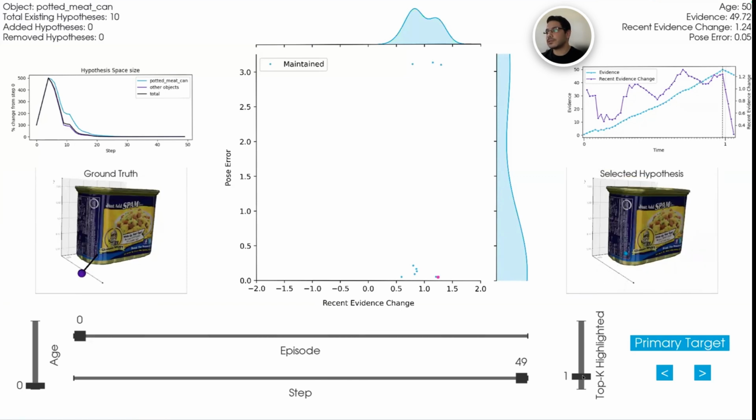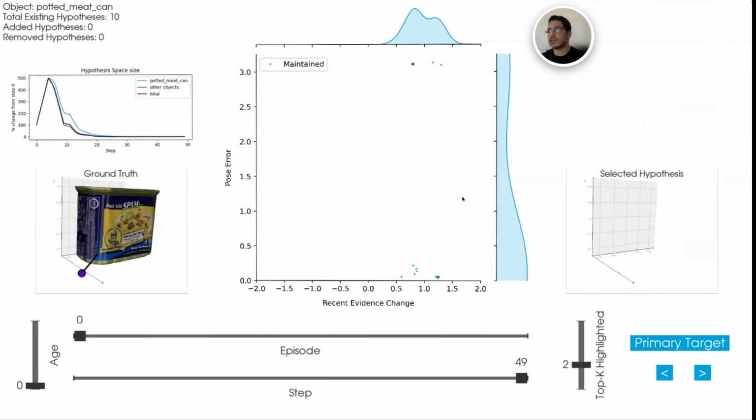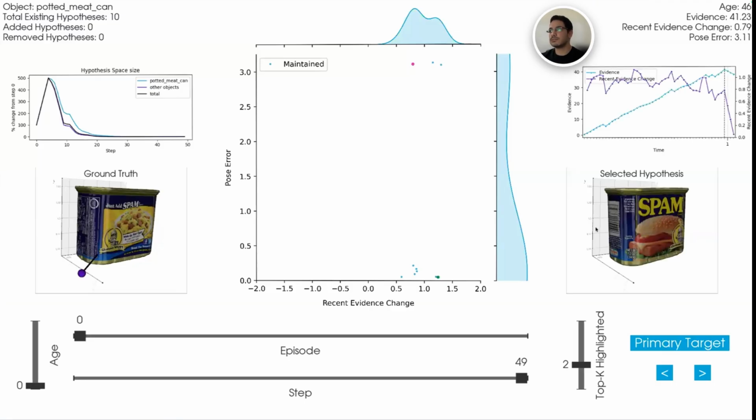But we could also look at the second most likely hypothesis, which would be over here. And you can see that it's structurally the same. It has a very high pose error, like a 180 degrees rotation, but it's structurally the same. That's because Monty focuses more on the shape of the object rather than the texture or the colors.